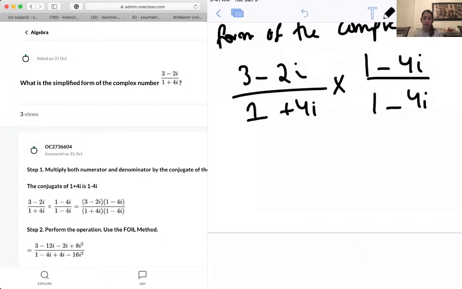Then we're going to perform a FOIL, which is first term, outer term, inner term, and last term. That's what FOIL stands for.